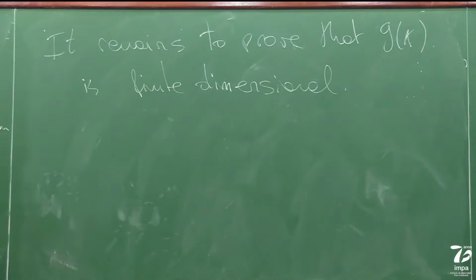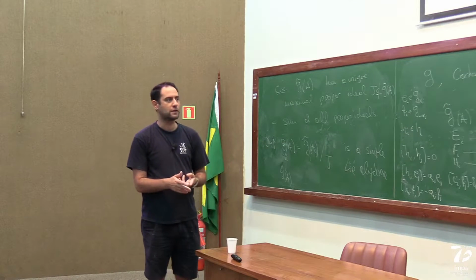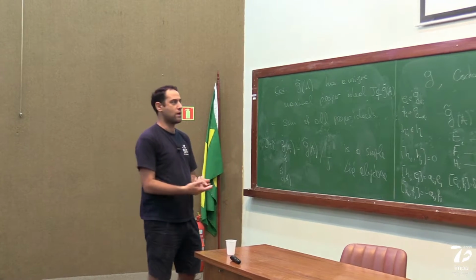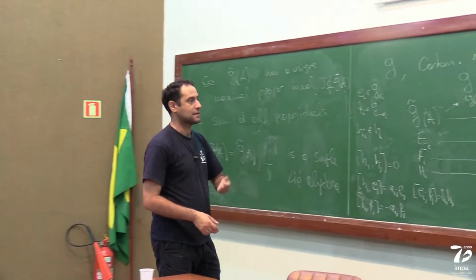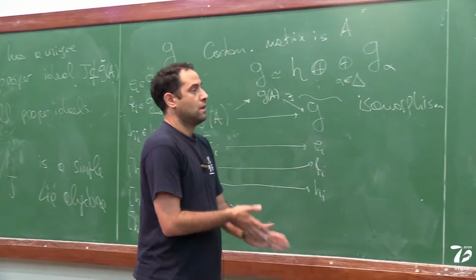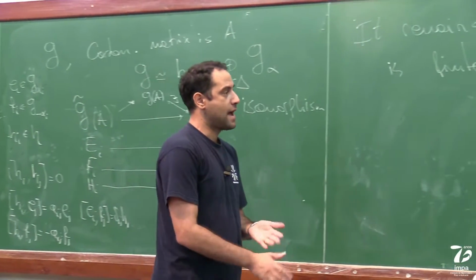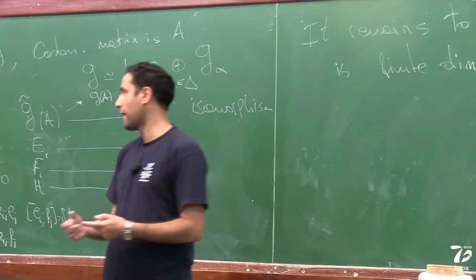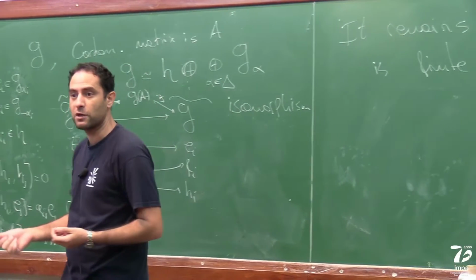We can stop here, and Jethro is going to pick it up next week. The proof that g of A is finite dimensional is highly non-trivial. So there are two things that are non-trivial today, and I haven't proven either. One of them is the fact that the free Lie algebra exists. The other one is the fact that this g of A is finite dimensional.